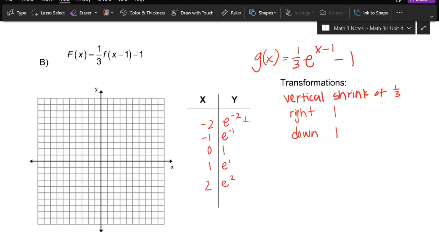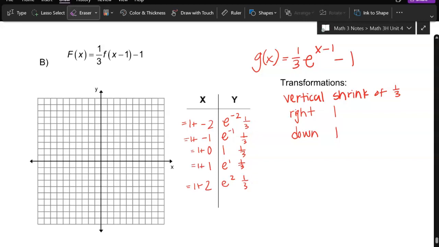So timesing by 1/3 to each of these. And then adding 1 to all of these. And then, oh, those ones then will subtract 1.